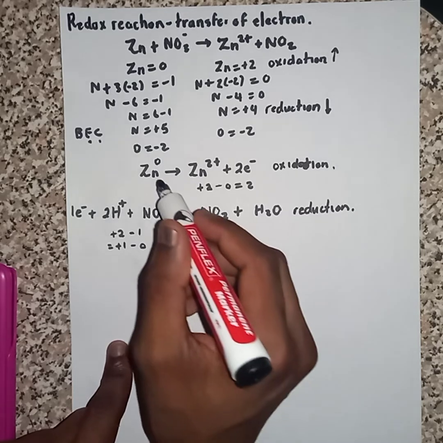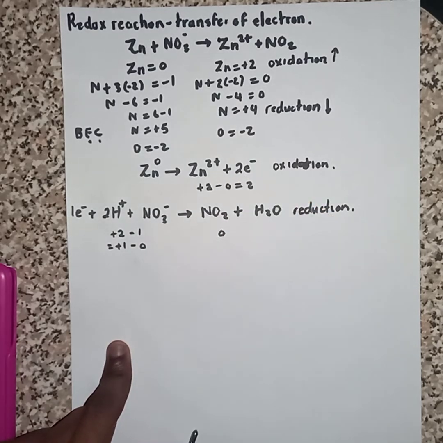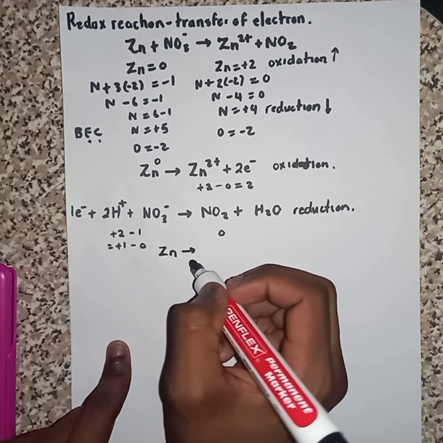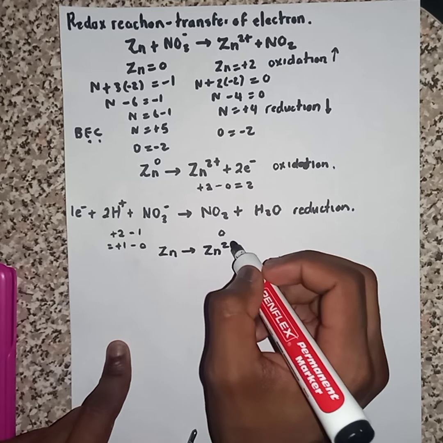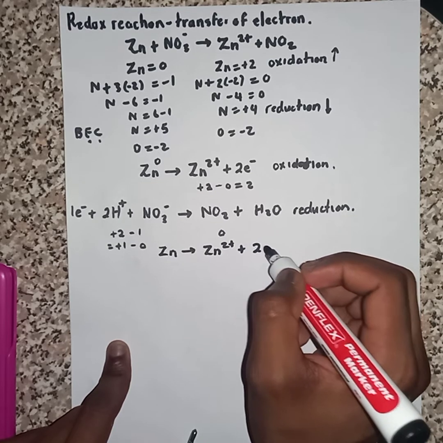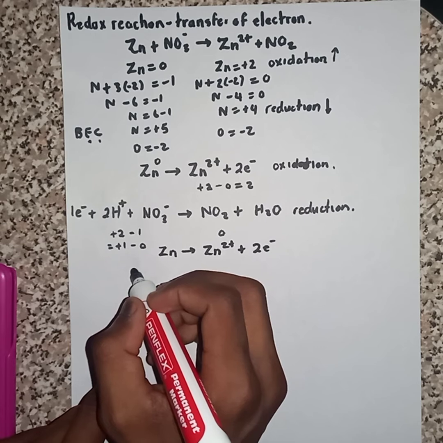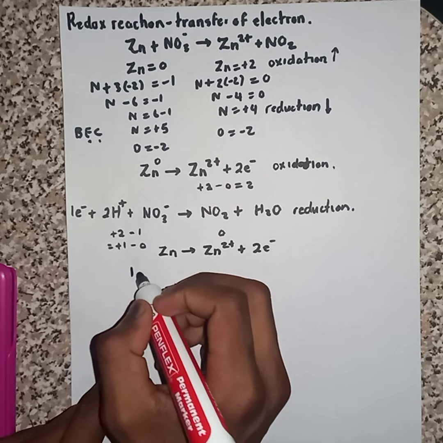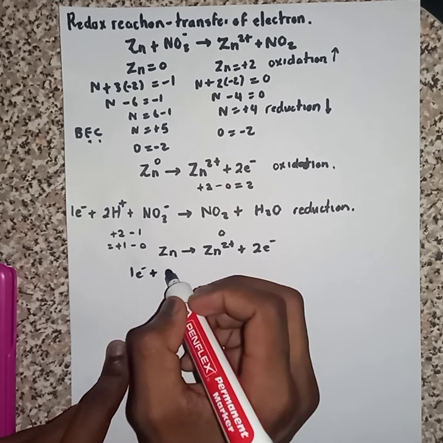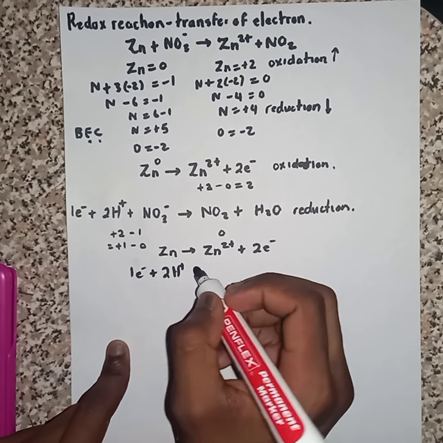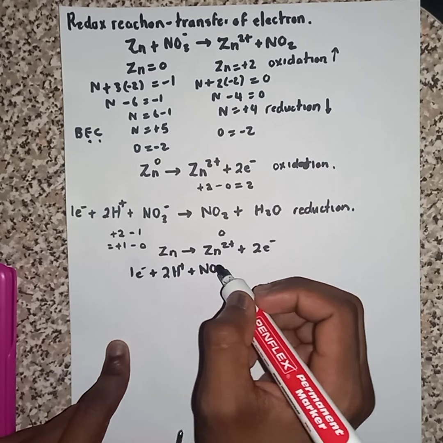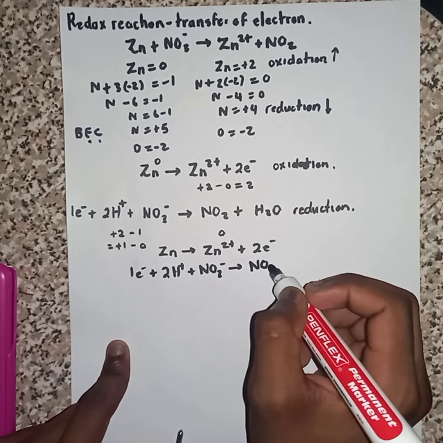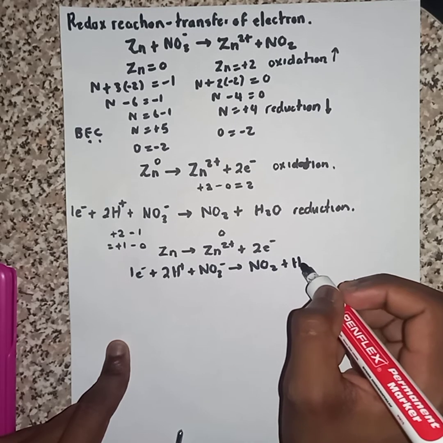At this point, I'm going to have two equations. I have this one, let me write it. I have zinc going to Zn 2 plus plus 2 electrons, together with this one: 1 electron plus 2H plus plus NO3 minus gives NO2 plus H2O.